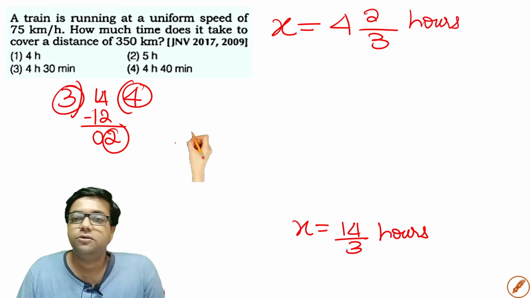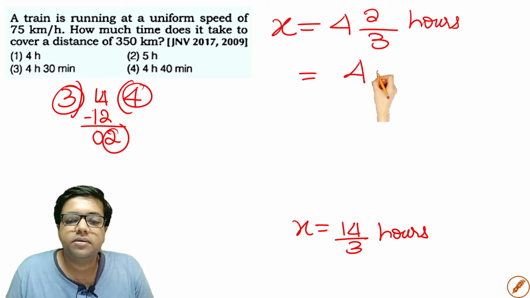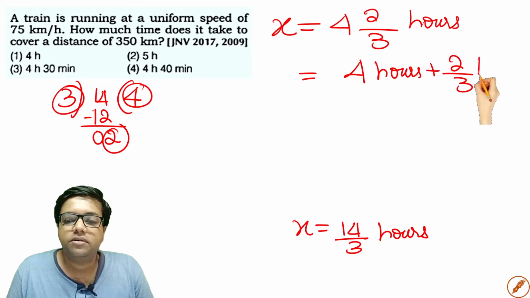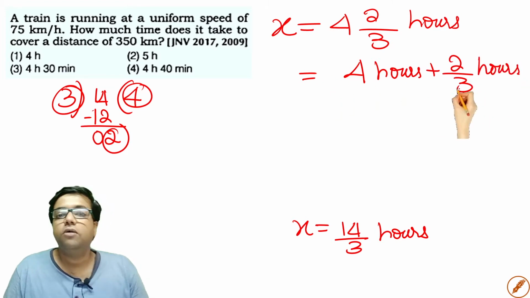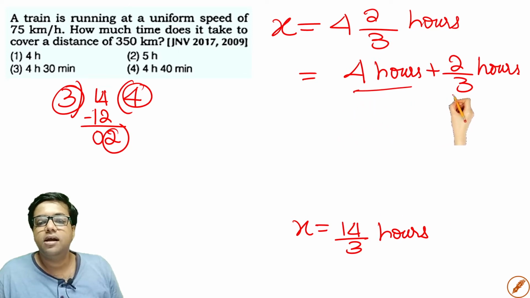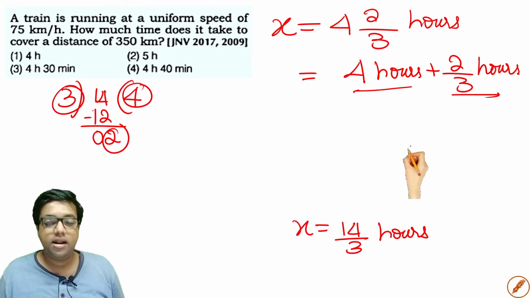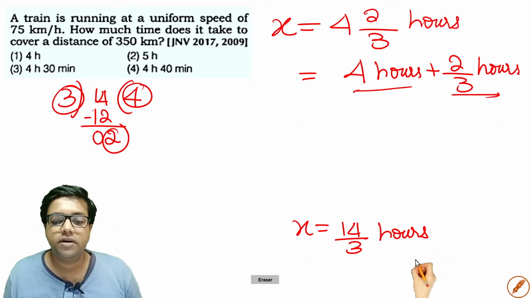This can also be written as 4 hours plus 2 by 3 hours. You know how to split a mixed fraction? The whole number can be taken separately and the fraction can be taken up separately, in the form of addition of 2 terms.